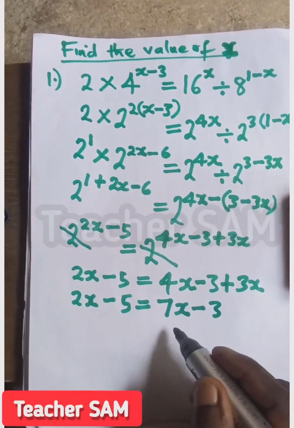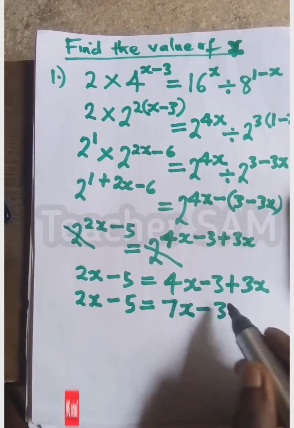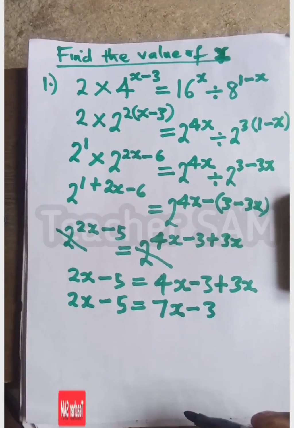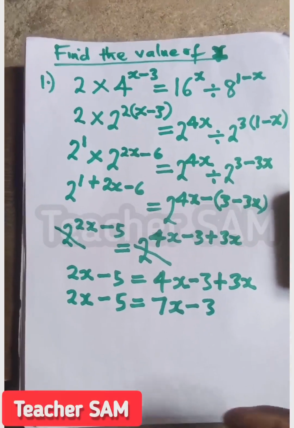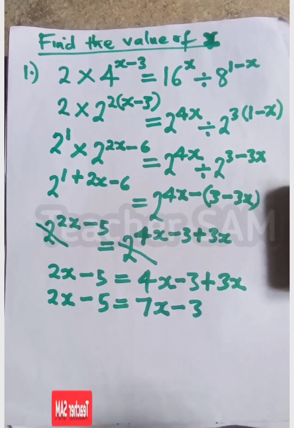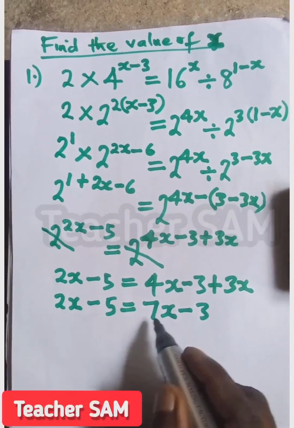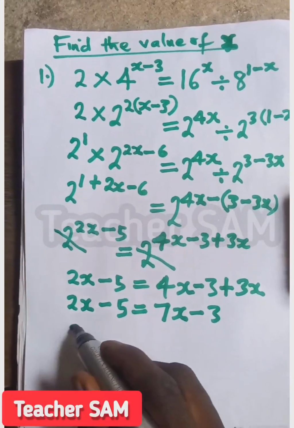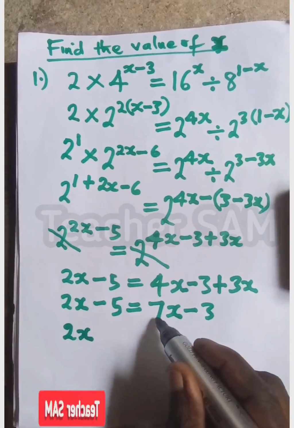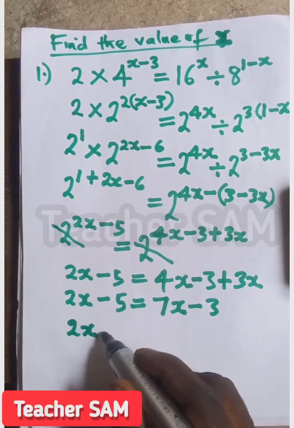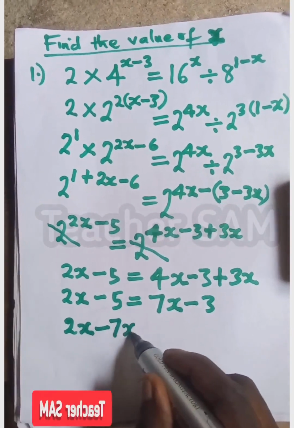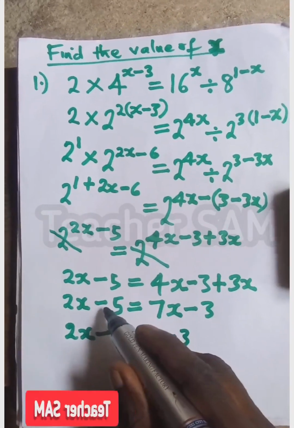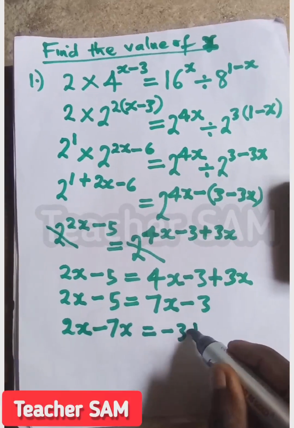Now let's also collect like terms. I can move this over here, or I can move this over here, whichever way you want to do it. But to make it a bit fast, let me just solve it straight away so that some person will not get confused. Let me move 7x to this side so that we have 2x. This is plus 7x, so moving to this side it becomes minus 7x, equals to minus 3. Minus 5 is moving over, it becomes plus 5.